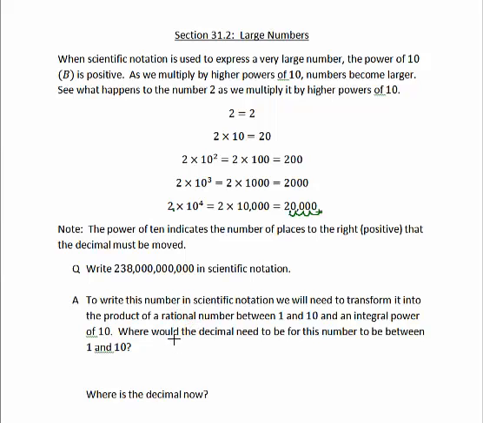Okay, for it to be in scientific notation, we need a number as our A. Okay, this is the standard format of a scientifically notated number. A is between 1 and 10.